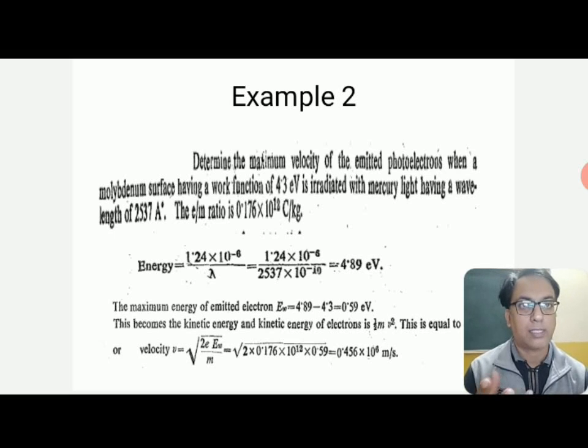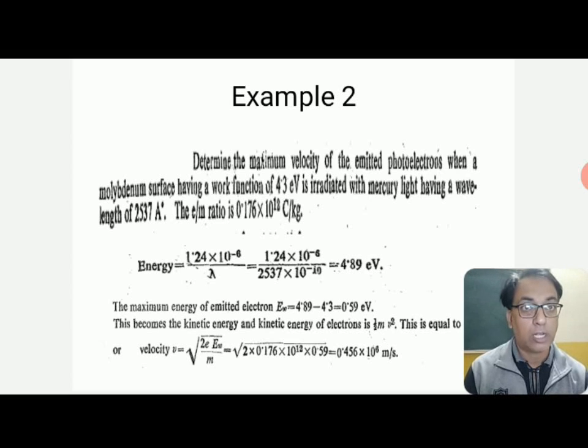Now, as it is given in the question that the molybdenum surface has a work function of 4.3 electron volt, you have to simply subtract this value from the energy of the mercury light, so that you can get the value of the kinetic energy of the electron being emitted from the surface.